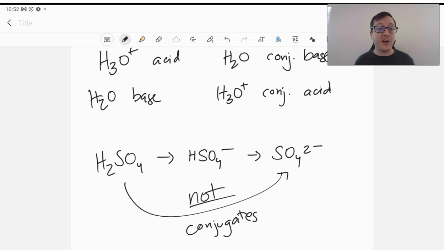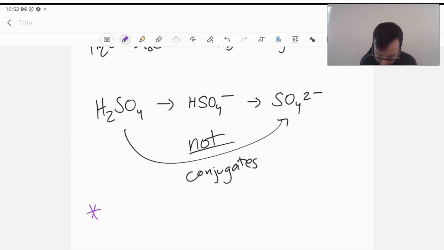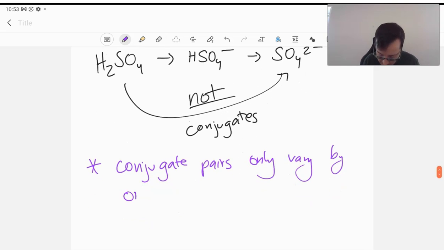Sulfate is not the conjugate base of sulfuric acid. Conjugates can only differ by one proton. We'll put that with an asterisk here. Conjugate pairs only vary by one H plus.